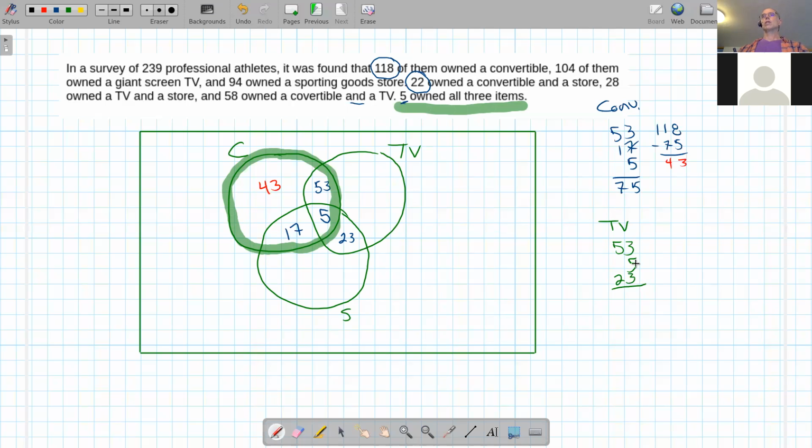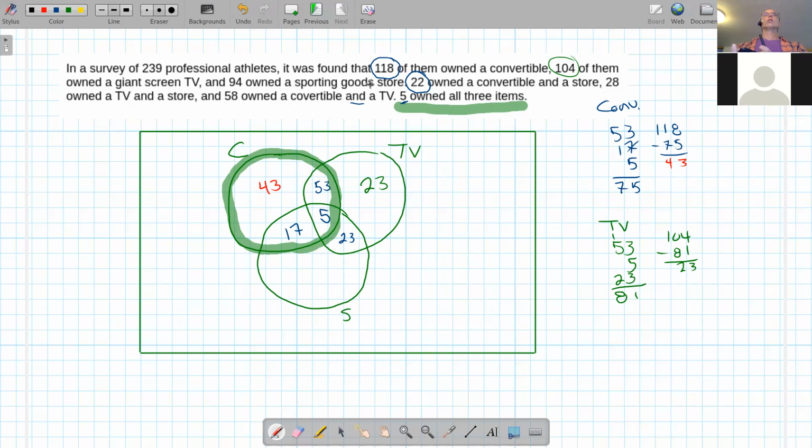So 3 and 5 is 8, 9, 10, 11, 5, 6, 7, 8, 81. And the TV is 104. So 104 minus 81 is 23. Okay, so I have 23. Oops, that's not a 3. 23 that own a TV, but not a convertible nor a store.